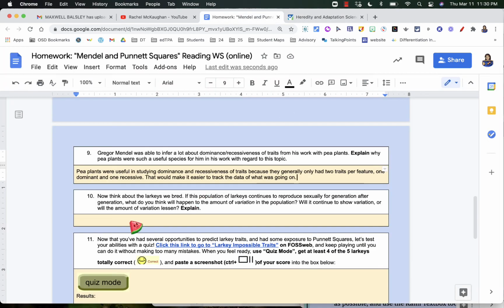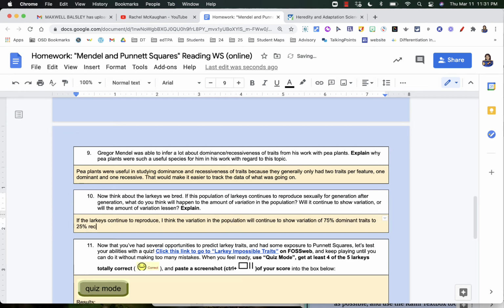So I think that means that if the larkies continue to reproduce, the variation in the population will continue to show variation of 75% dominant traits to 25% recessive traits.